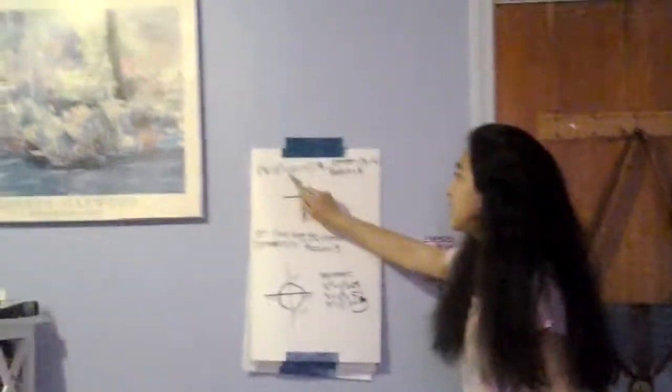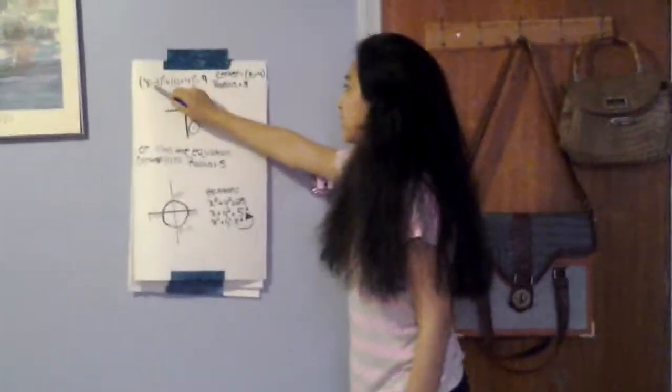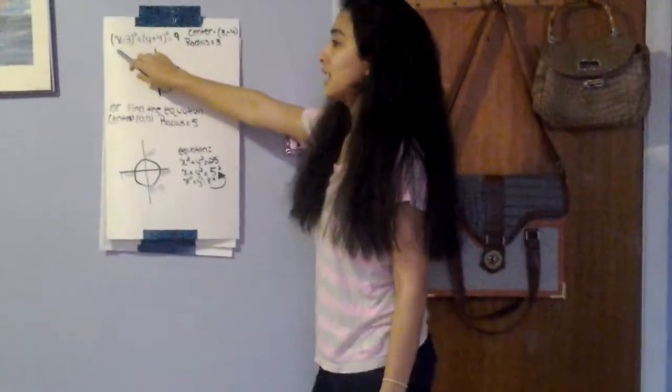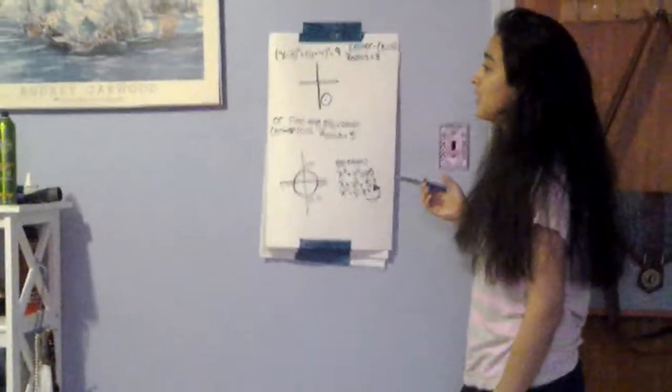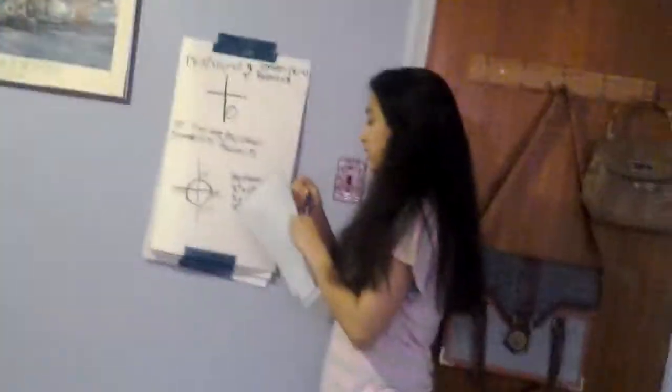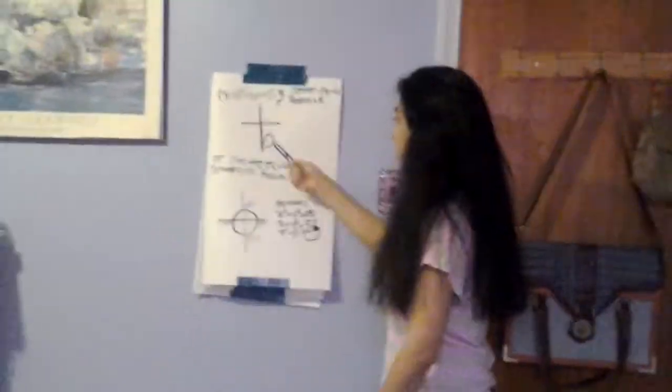So you do the opposite, and then it's x minus 3 to the second power, y plus 4 to the second power equals 9, but it's like 9 squared. So it would actually be the square root of 9, 3 to the second power, and that's how it looks graphed.